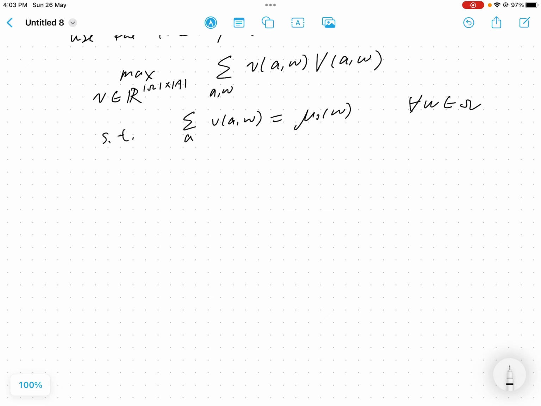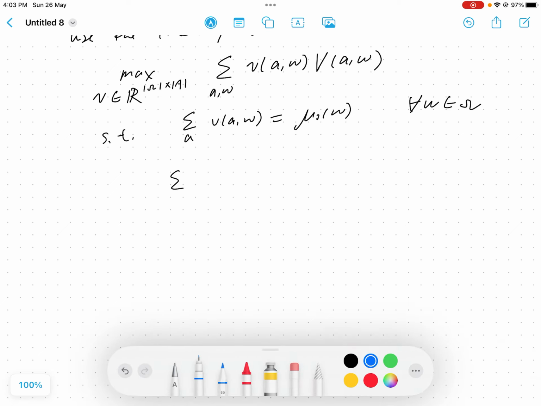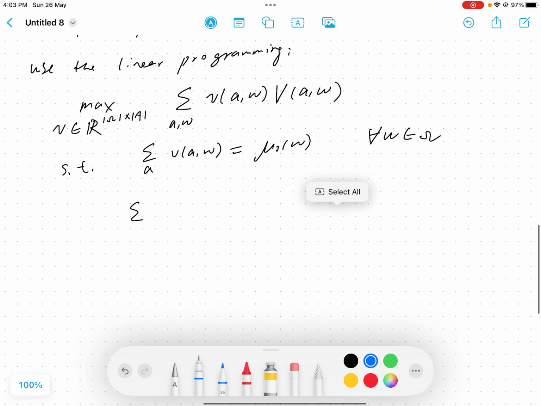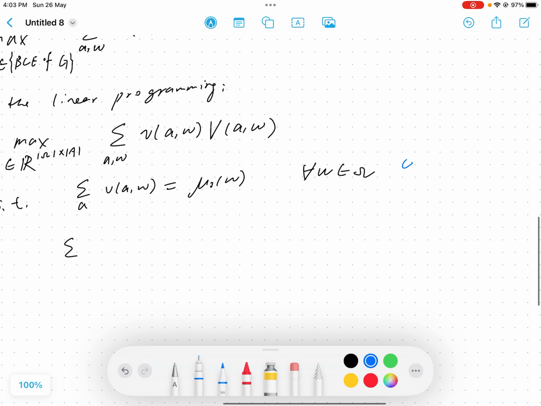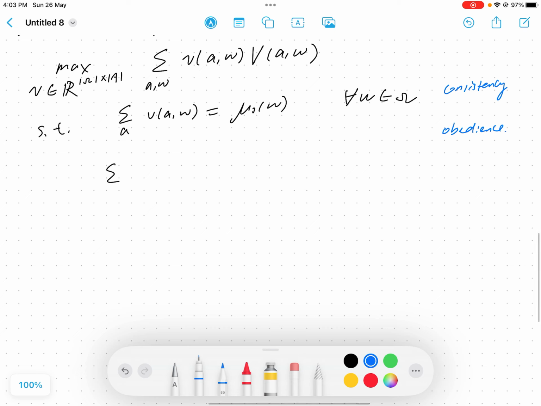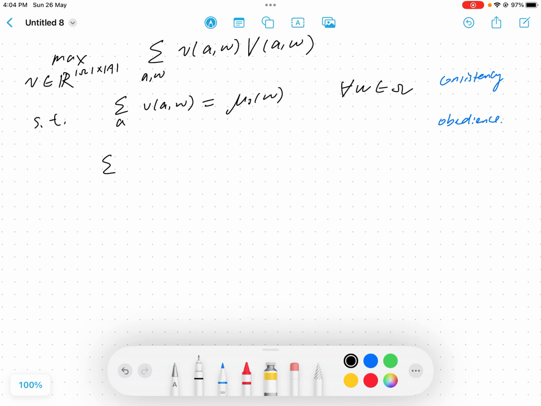So this is the consistency, and for the obedience, let's just take some note here. Consistency. Okay, this is obedience. You can always refer to the previous video to see the definition for the Bayes correlated equilibrium. Those two things are just the requirements for that solution concept.